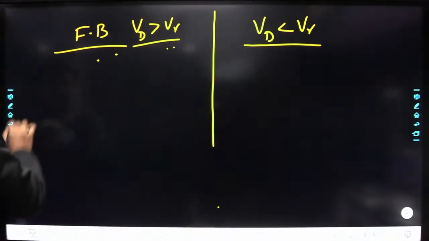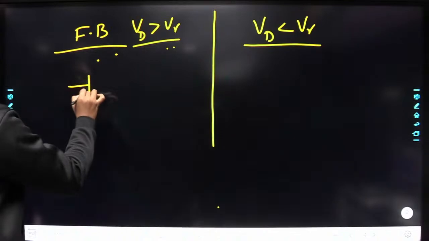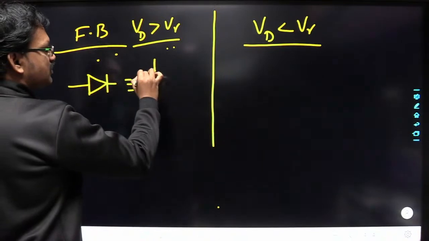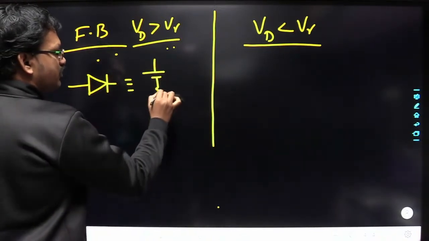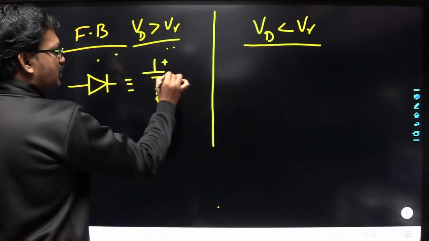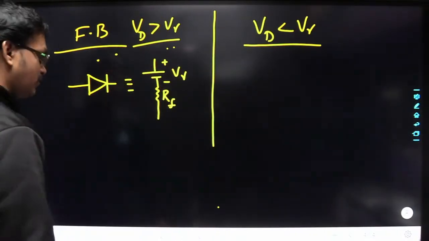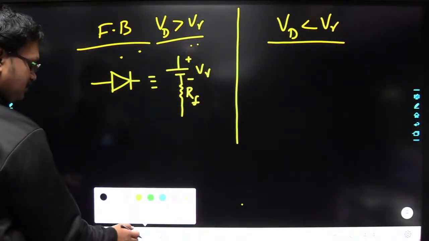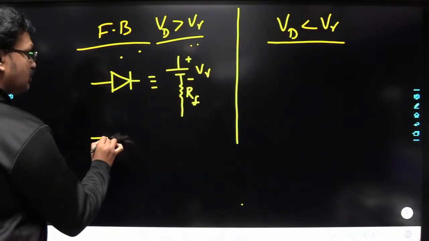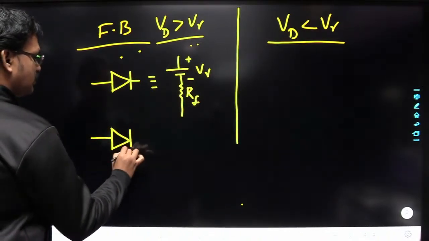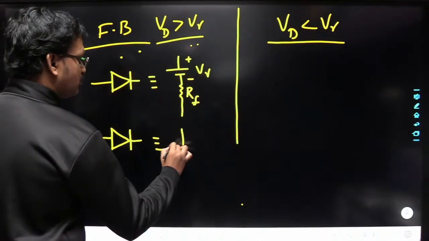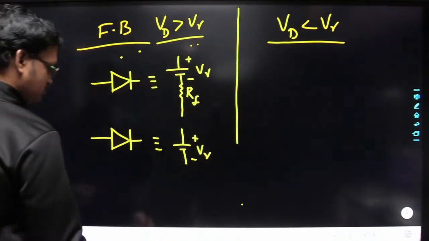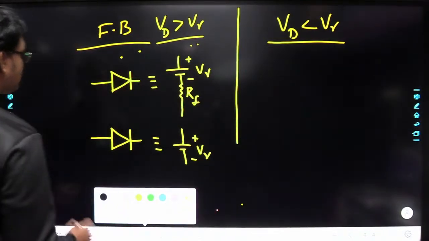In the forward case, the diode can be equivalently represented with the cut-in voltage V gamma and the forward resistance RF. Next, the diode can be replaced with only the cut-in voltage. Here RF is equal to 0. So you can draw the diagrams here.